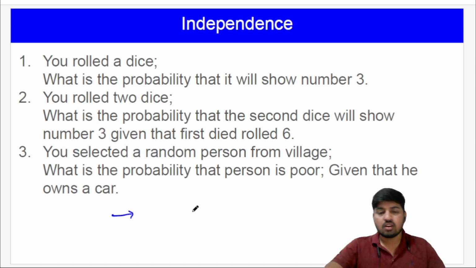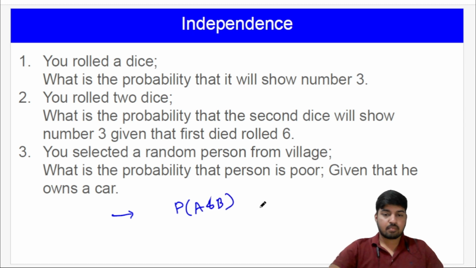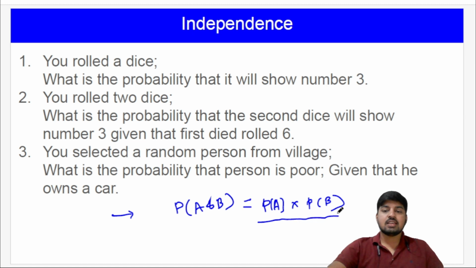This is just a rule. You can remember it, or you can look it up on the internet. Just for our sake, we are saying that if the probability of events A and B is equal to probability of A into probability of B, then we can say that these events are independent events.